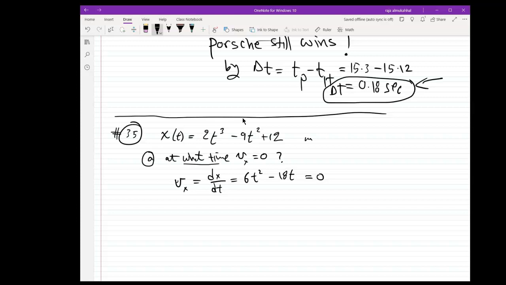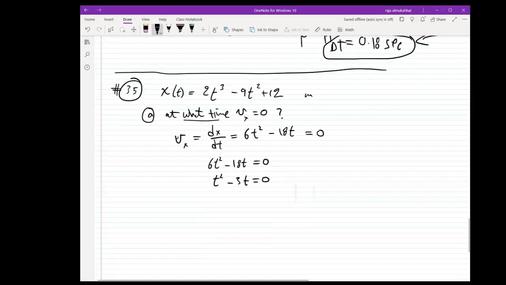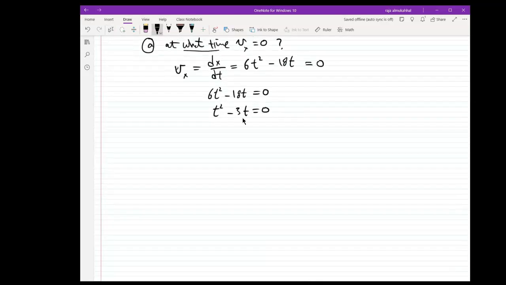So I have here a basic algebraic equation, 6t squared minus 18t equals 0. Let me reduce it, dividing everything by 6. So I'm going to get t squared minus 3t equals 0. Take t as a common factor, so I have t times (t minus 3) equals 0. And therefore we have 2 times here: t equals 0 and t equals 3 seconds.